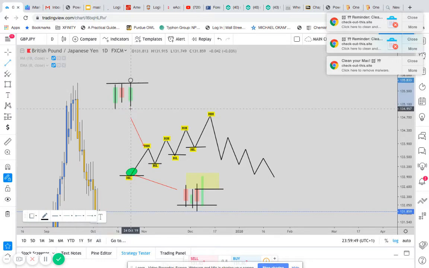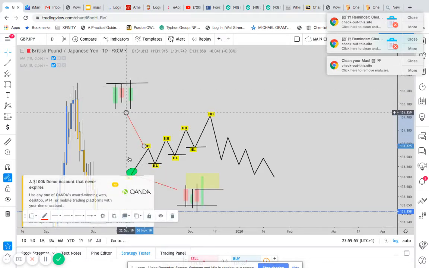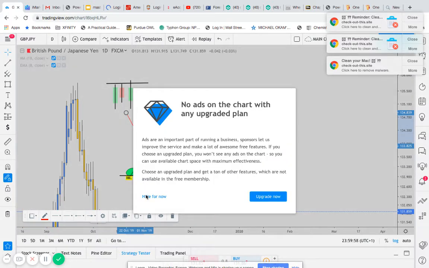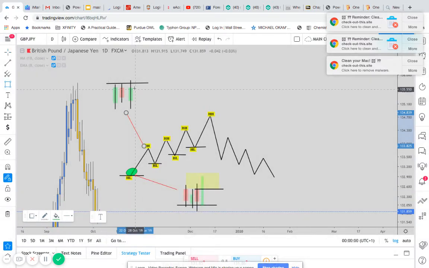All right. So when you guys get good at really counter trending, what you'll be looking for is a bearish engulfing, right?